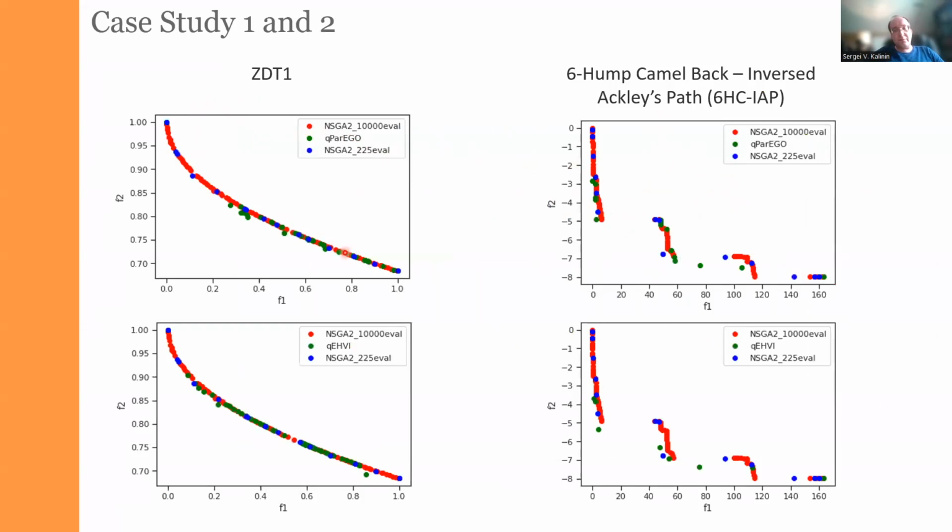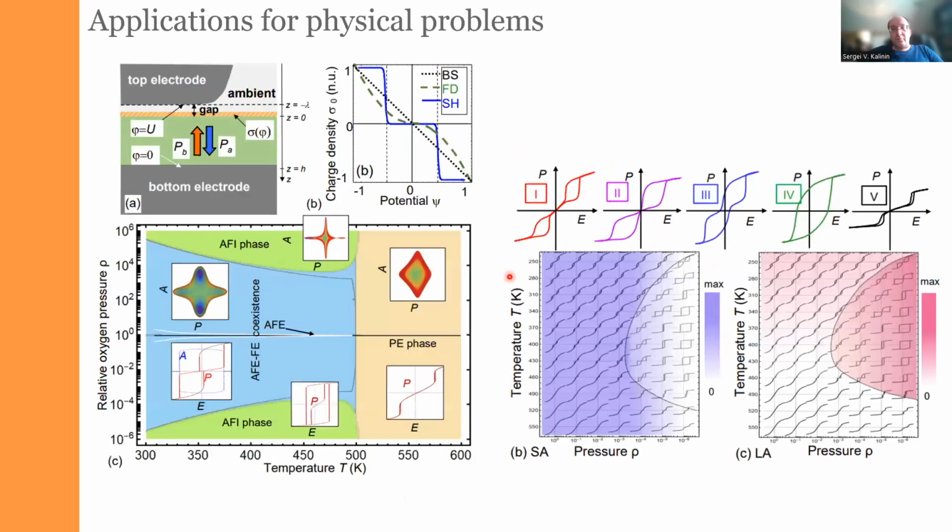For the simple function, our Pareto frontier looks like this. We can have functionalities here, but this is not what we're interested in. The optimal ratio between the two functions would lie on this line. For this camelback function, the Pareto frontier looks like this. Notice that we don't have all the points, so there is no point here, but nonetheless we can follow the Pareto frontier and say that this is the optimal combination of the properties we can get from this particular system. This being said, would it work for real-world problems?